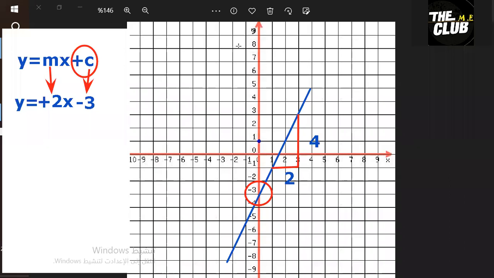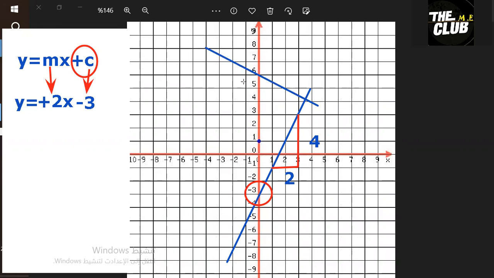I'll show you another line that has a negative gradient. A negative gradient looks like this. How do we check? First step, we go to the positive x.